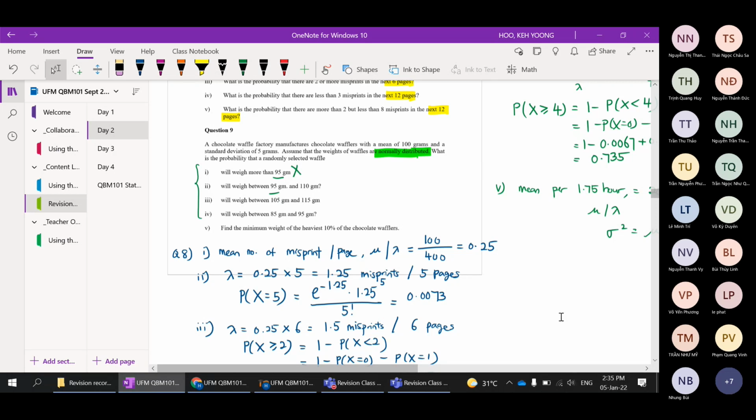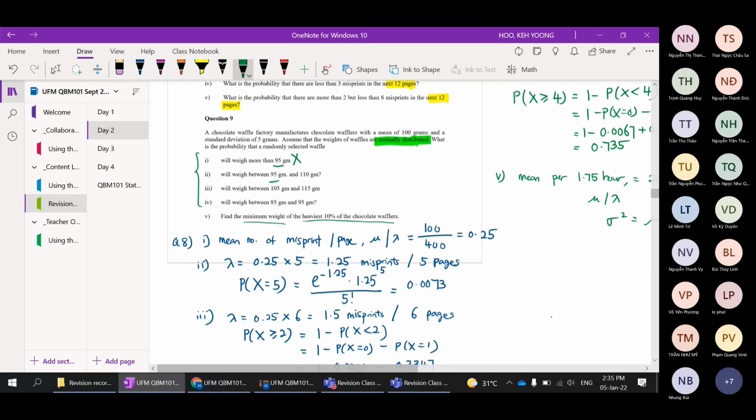Here you want to find the minimum weight of the heaviest 10% of the chocolate waffles. We are talking about the weights of the waffles, looking at the top 10%.